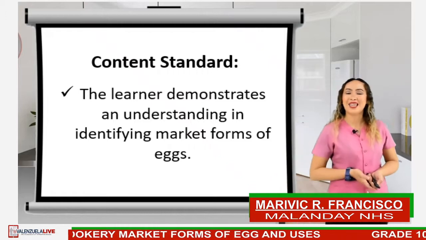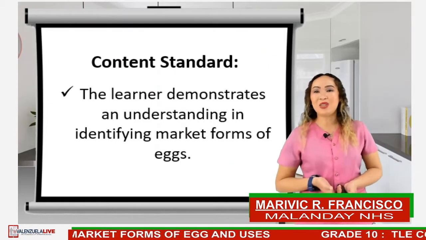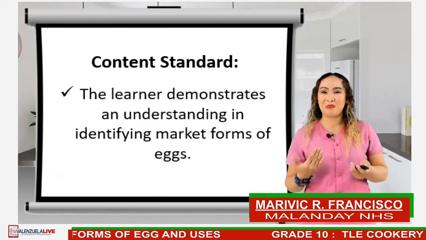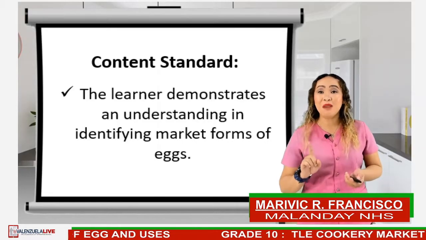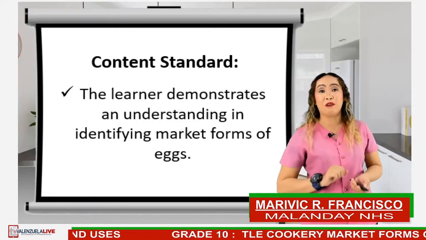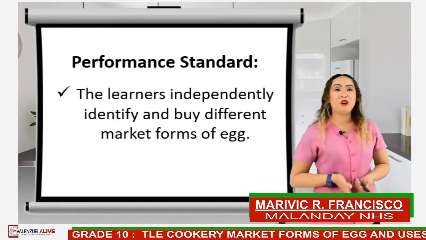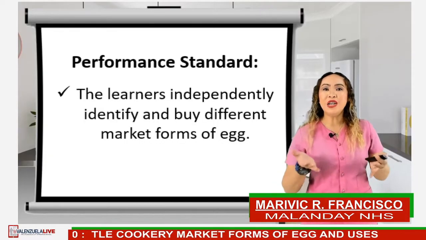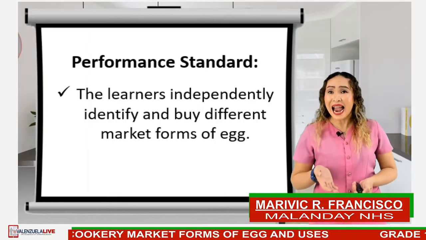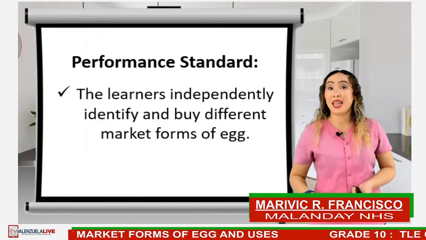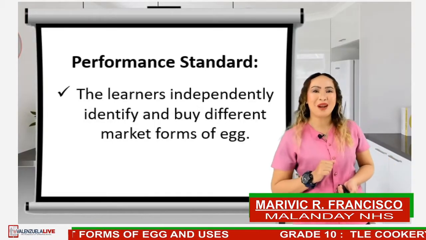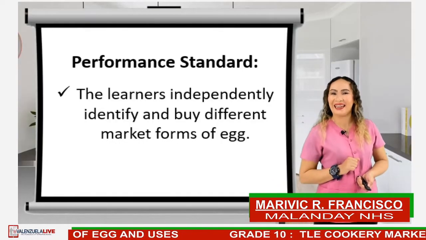For the content standard, the learner demonstrates an understanding in identifying market forms of eggs. For the performance standard, the learners independently identify and buy different market forms of egg.